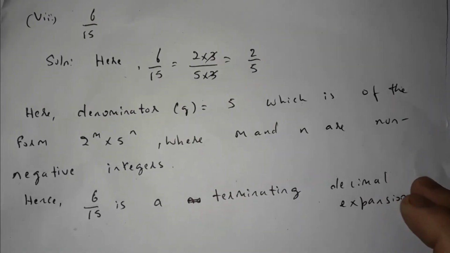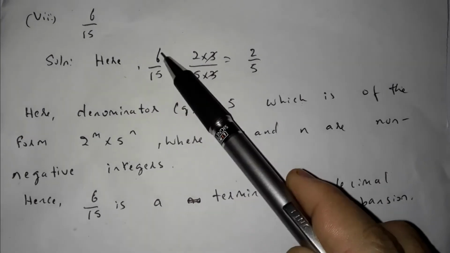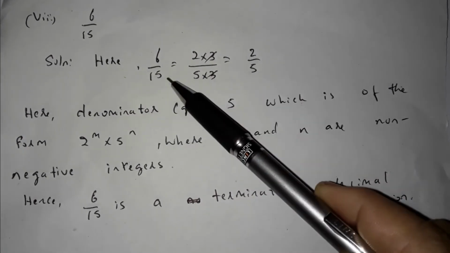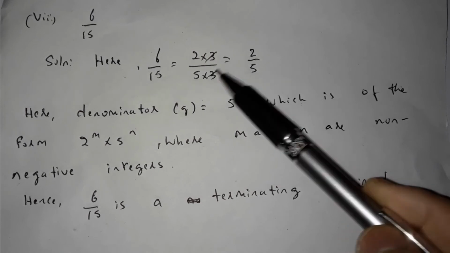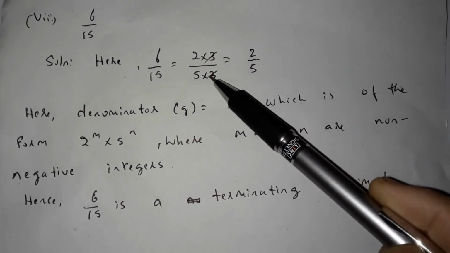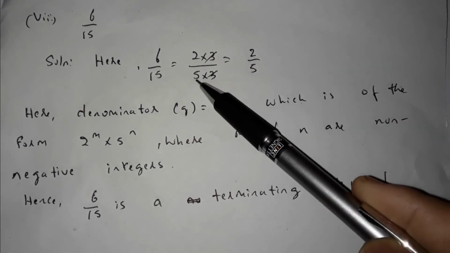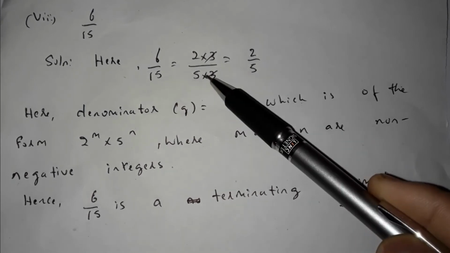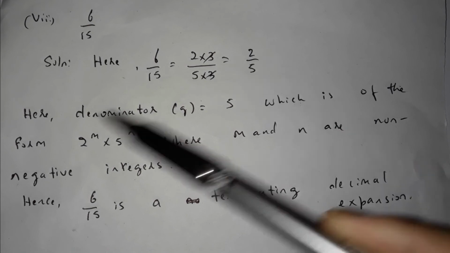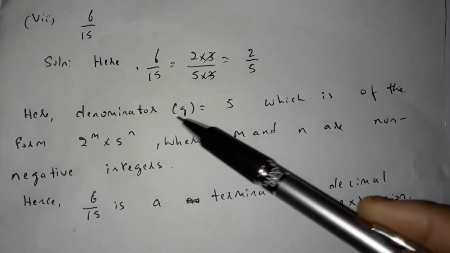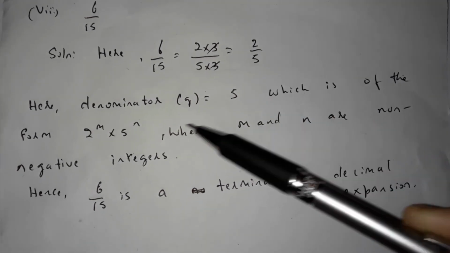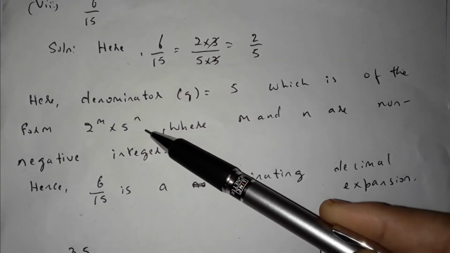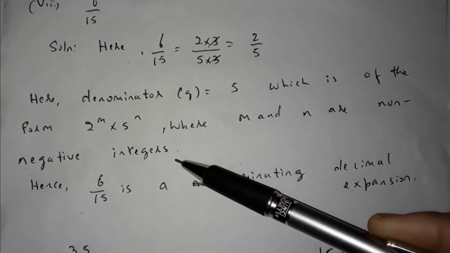This is number 8. 6 by 15. Here 6 by 15 equals 2 into 3 over 5 into 3, isn't it? So 3 and 3 cancel. Actually, if you don't cancel, it looks non-terminating, isn't it? But you can cancel 3 and 3, so it becomes 2 by 5. So here the denominator q equals 5, which is of the form 2^m into 5^n, where m and n are non-negative integers.